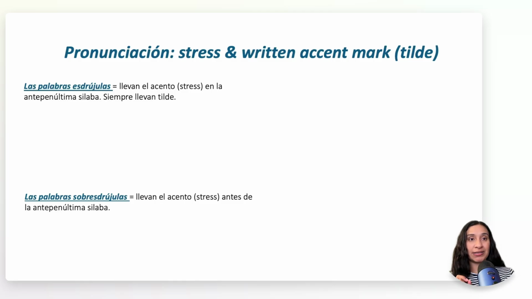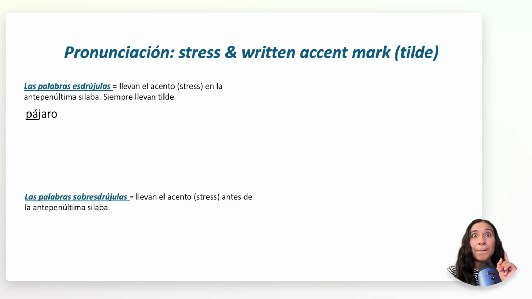Okay, now we have two more rules for these accent marks. We have las palabras esdrújulas y las palabras sobresdrújulas, and basically, one more time, the accent mark or the stress of these syllables goes to the antepenúltima sílaba. We're gonna see that in an example, and the same for the sobresdrújulas. They have the accent before the antepenúltima sílaba, but we are gonna see the example.